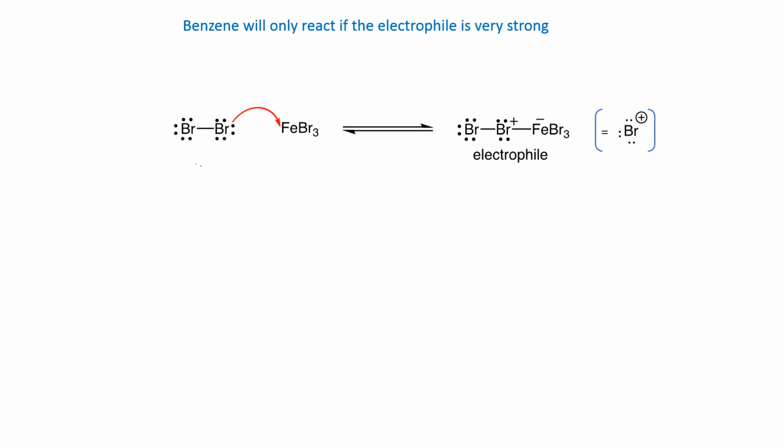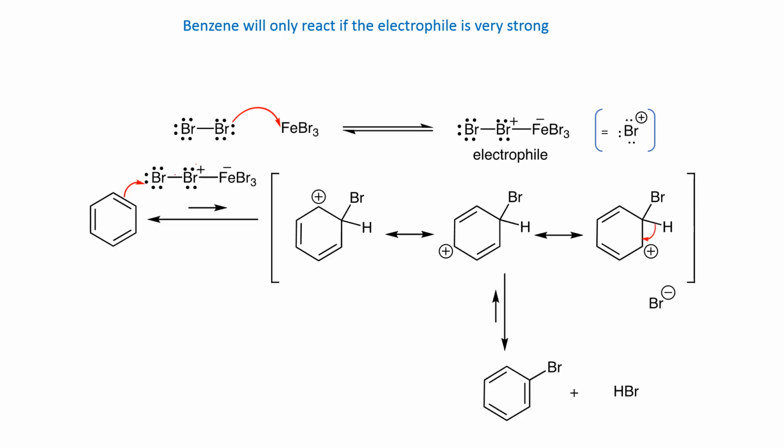This is now a strong enough electrophile to get benzene to react, and so benzene now reacts as a nucleophile to attack that electrophilic bromine with loss of FeBr4- to give the carbocation intermediate that I drew out on the previous slide. And now, if we lose a proton from this carbocation intermediate, we generate bromobenzene.